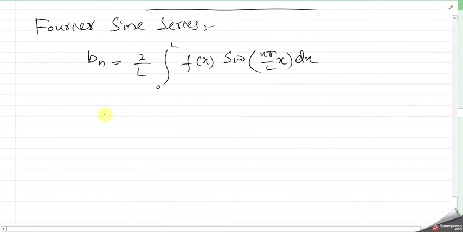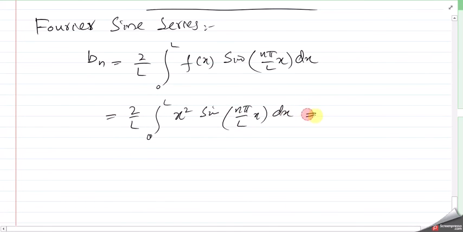Okay? So this time it will be 2 by L integral 0 to L x square sine n pi by Lx dx. I'll write the answer this time directly. It's almost exactly the same as we have done the previous one.